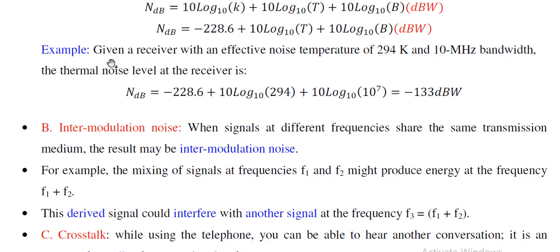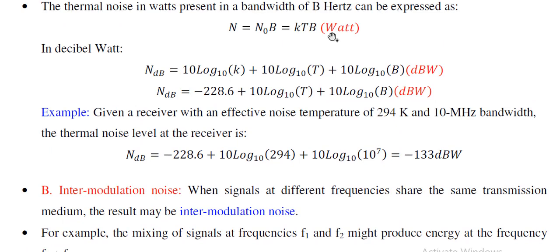As an example, given a receiver antenna with an effective noise temperature of 294 Kelvin and a signal that uses 10 megahertz bandwidth, calculate the thermal noise when it gets to the receiver. Okay, so the bandwidth B is 10 megahertz.